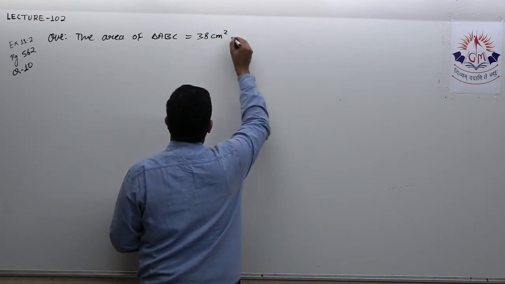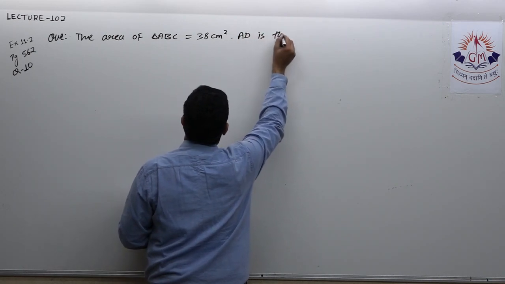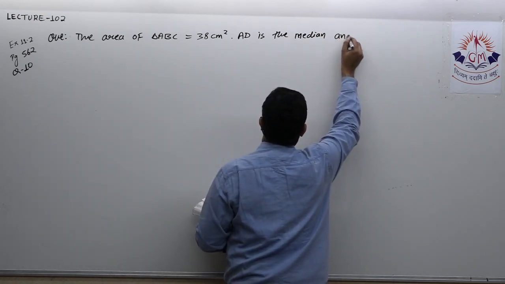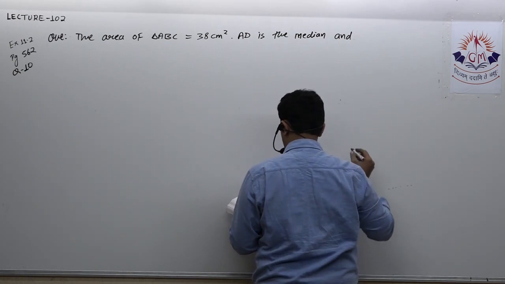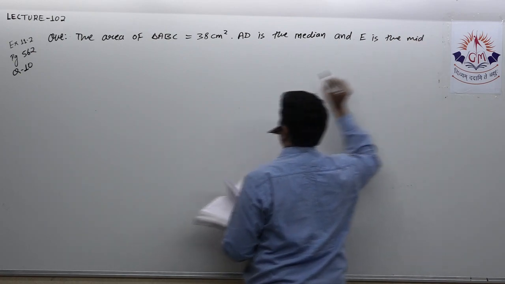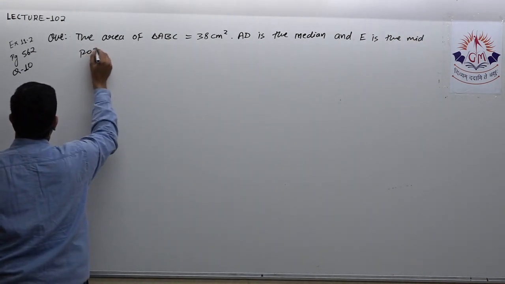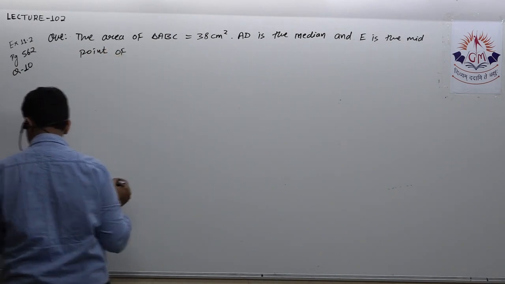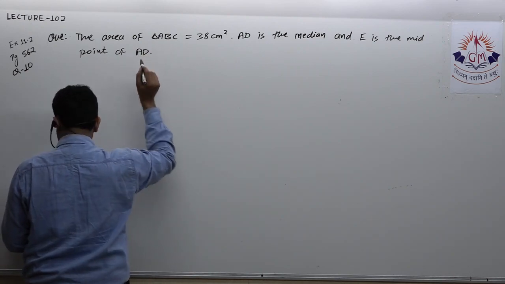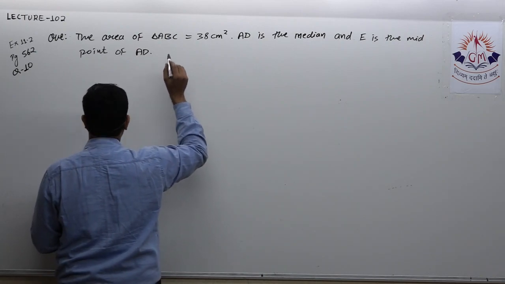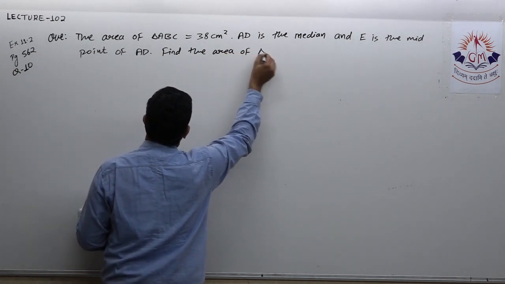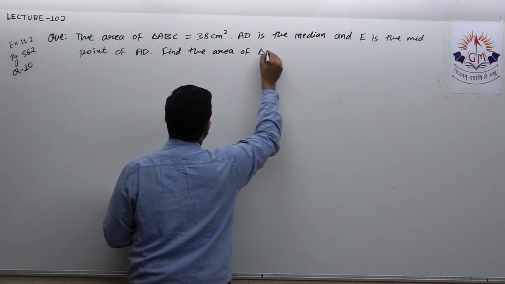AD is the median and E is the midpoint of AD. Find the area of triangle BED.